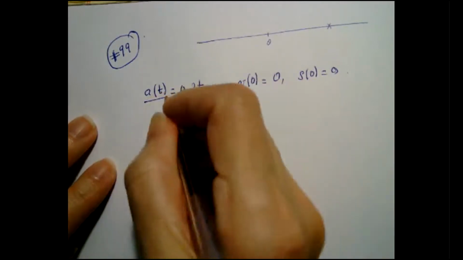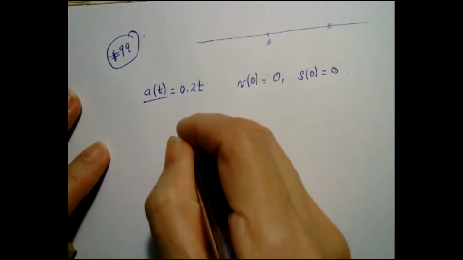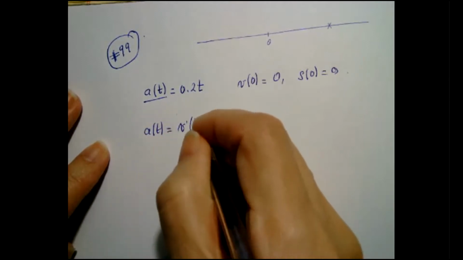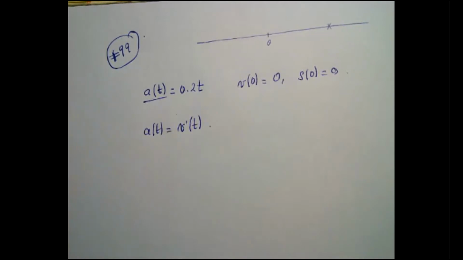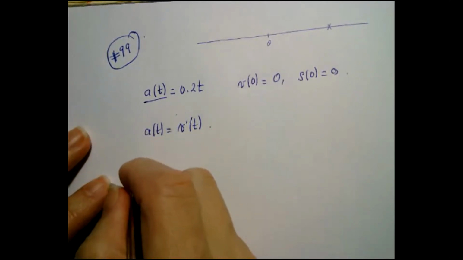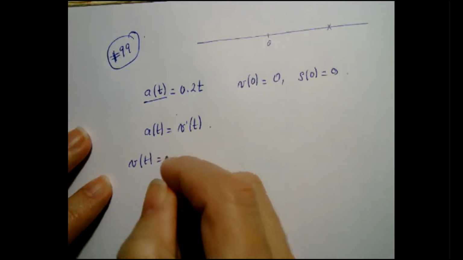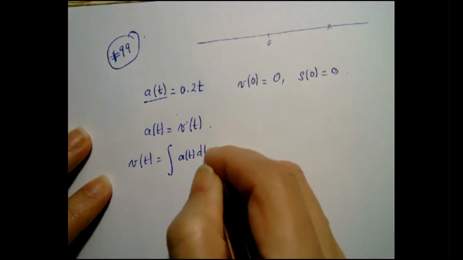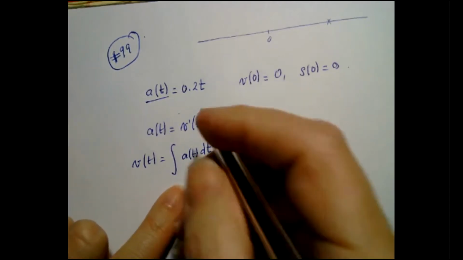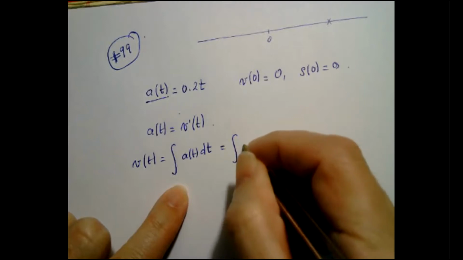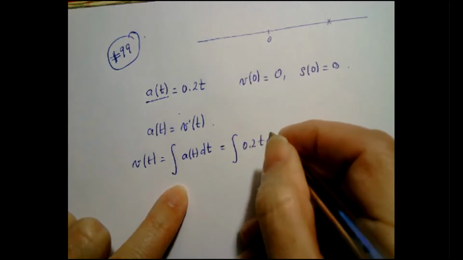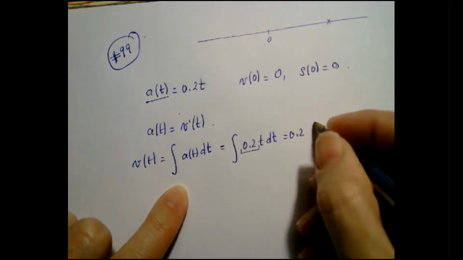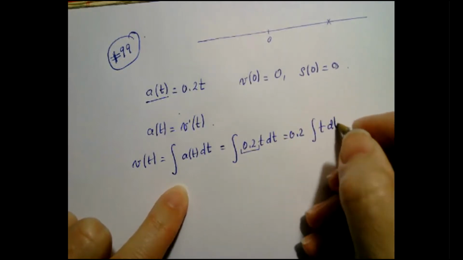So first, to find the velocity, remember that the acceleration is the derivative of the velocity. So the velocity is nothing more than the antiderivative of the acceleration. It's the antiderivative of 0.2t dt, which is, that's a constant, antiderivative of t dt.